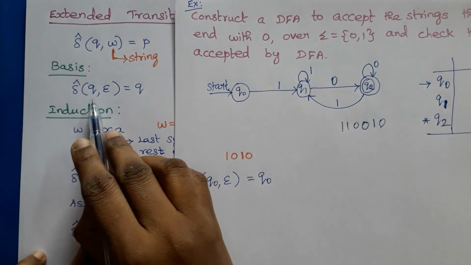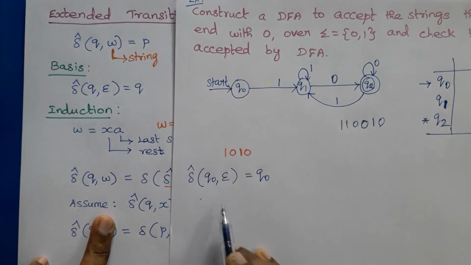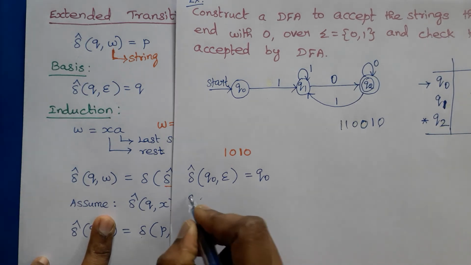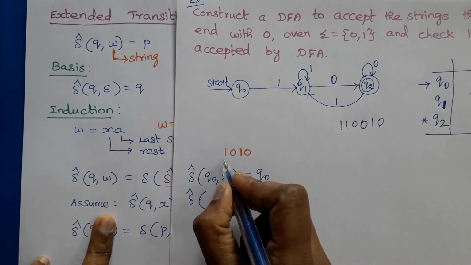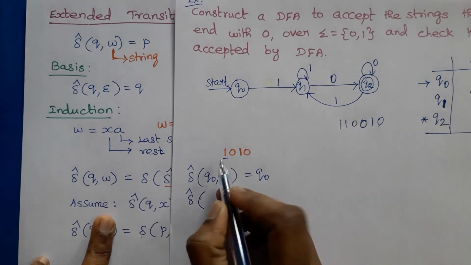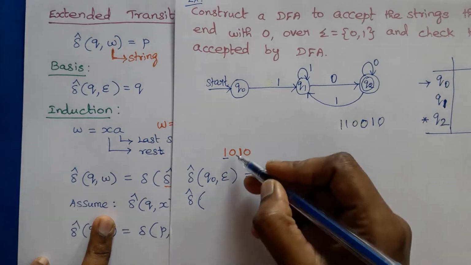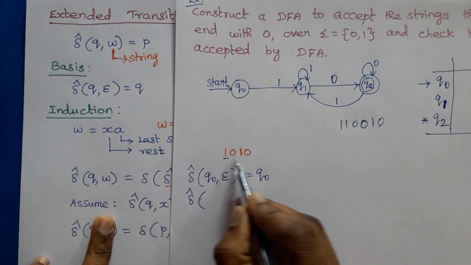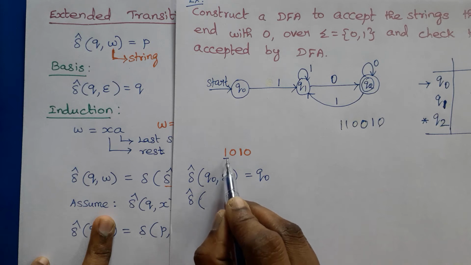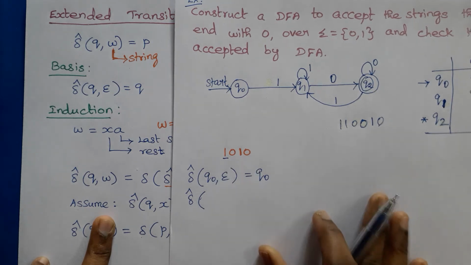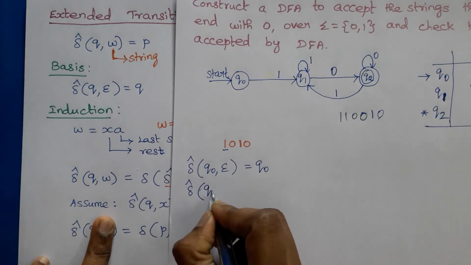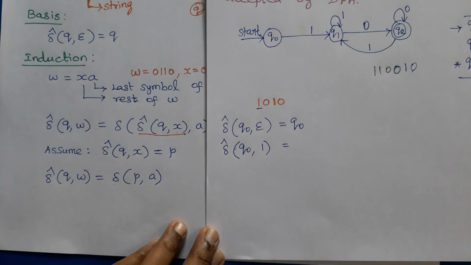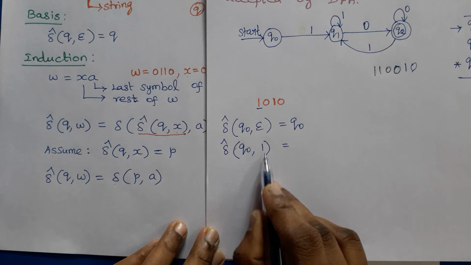If we are in state Q, we will still remain in Q, here Q0. Then in the second step we need to consider the first input symbol of the string, because it should be found recursively. In the first step we take 1, then 10, then 101. In the final step we have to consider the full input string. So delta cap of Q0 comma 1 is equal to... here W is 1.